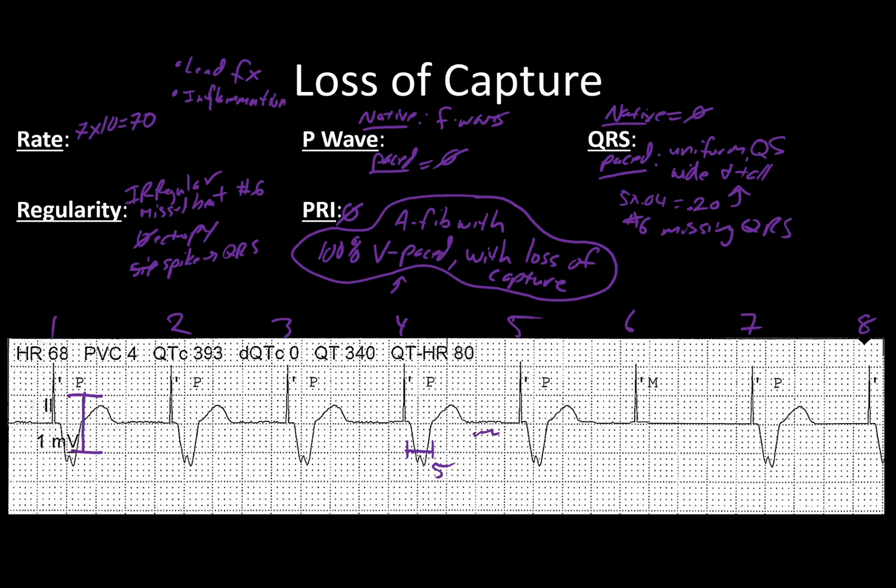Injury is another good one. Or dislodgement. If the patient moves too soon after implantation, they might dislodge it. Injury would be like a crush injury, like a car accident. Those can make these kinds of things happen as well.